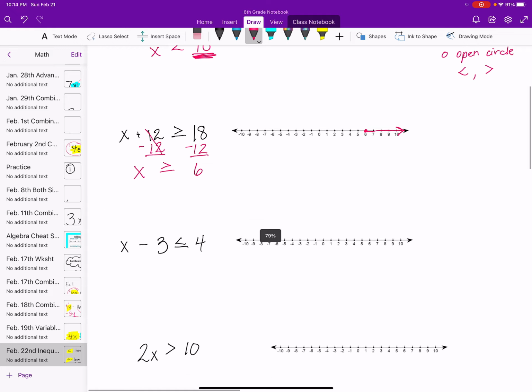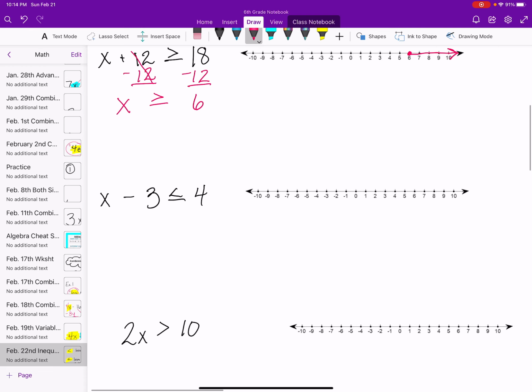Okay, let's try our next problem. Solving it normally, I take the opposite of minus 3, which is plus 3. And remember, I'm changing my signs because I am going over my equal to, less than, greater than sign. Okay, so 4 plus 3 is 7, x, and I bring down my less than or equal to.